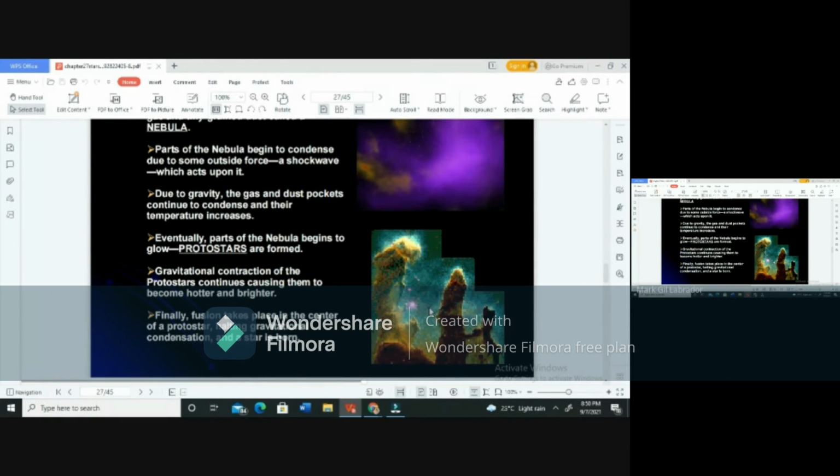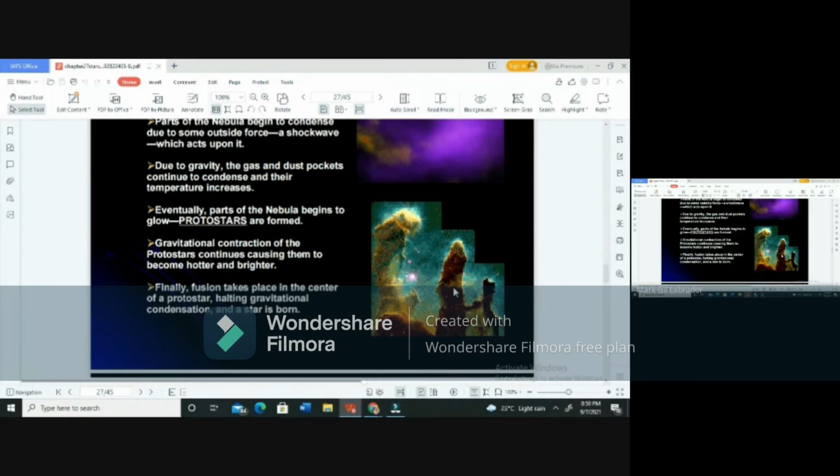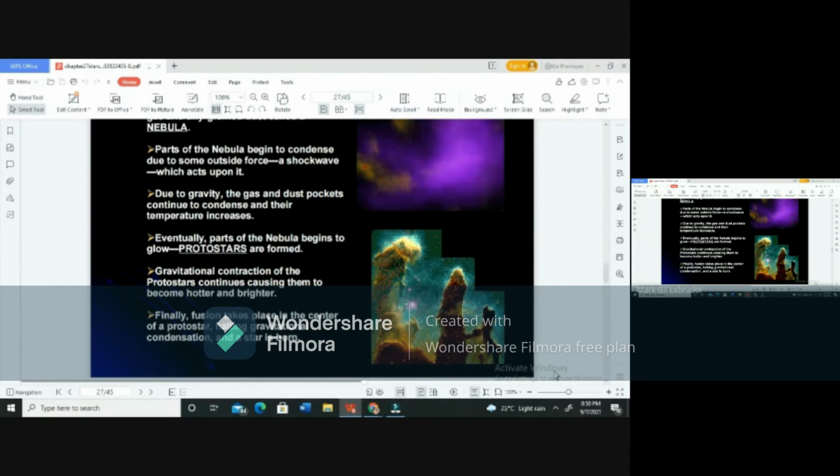Protostars are formed. So the gravitational contraction of the protostars continues, causing them to become hotter and brighter. And finally, fusion takes place in the center of a protostar, halting gravitational condensation, and a star is born. So yun siyang explanation how a star is born.